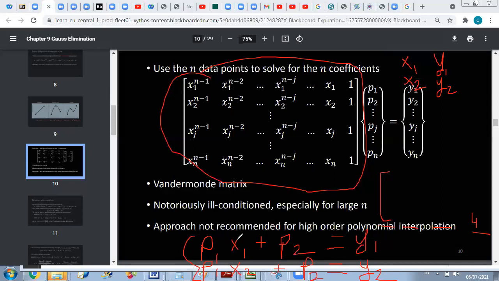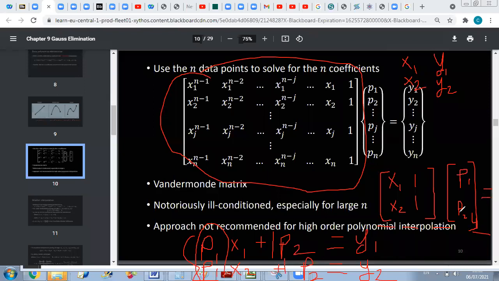The first column of A constitutes the coefficients of P1, which as you can see here are x1, x2. The second column represents the coefficients of P2, which are 1, 1, equal to the result vector, which is y1, y2.